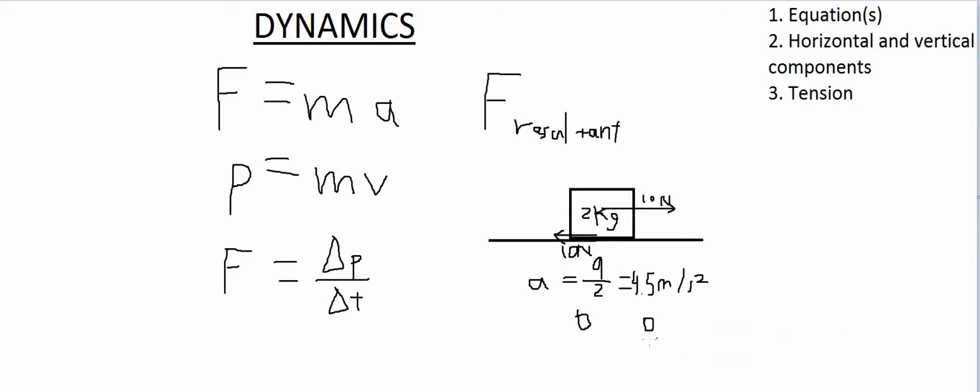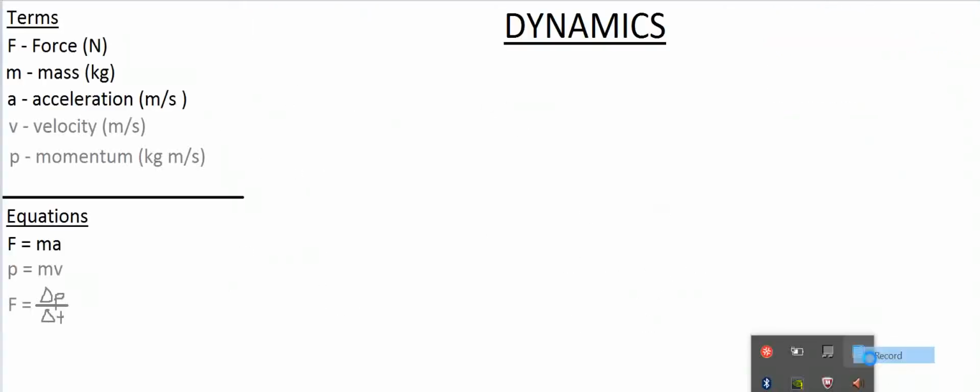So that means there's constant velocity. Okay, so that's all the quantities, terms and equations here. Note that the ones in gray are just extra things you need to know for dynamics.